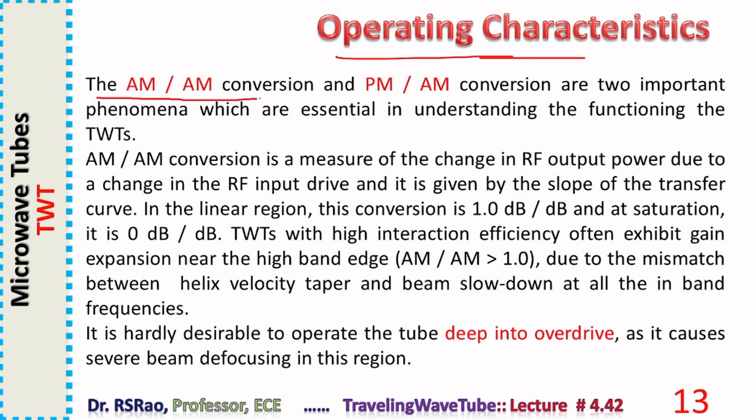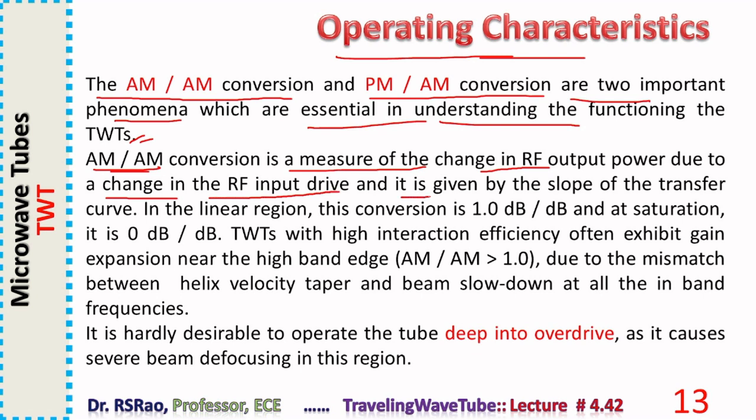AM-AM conversion and AM-PM conversion are two important phenomena which are essential in understanding the functioning of traveling wave tubes. AM-AM conversion is a measure of the change in RF output power due to a change in the RF input drive, and it is given by the slope of the transfer curve. In the linear region, this conversion is 1 dB per dB, and at saturation it is 0 dB per dB.